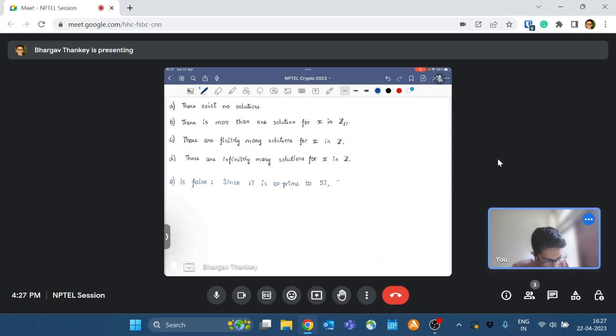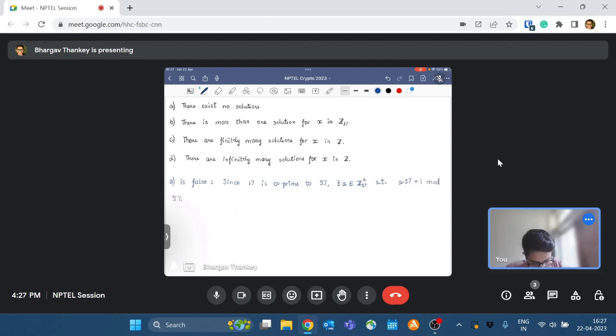That is, there exists A in Z27 cross such that A times 17 is equal to 1 mod 27.